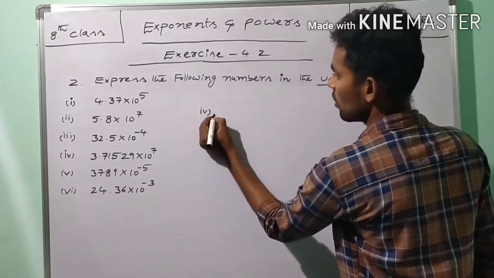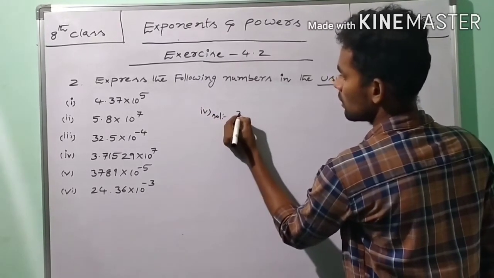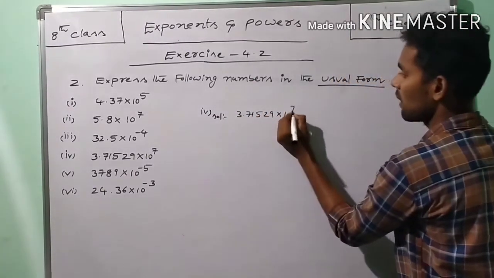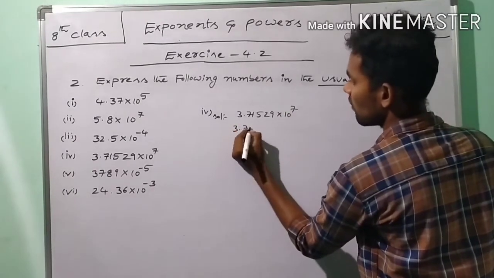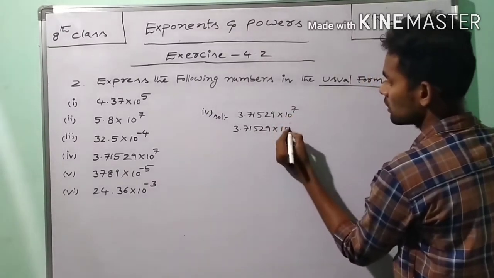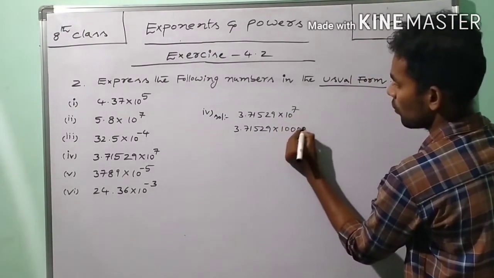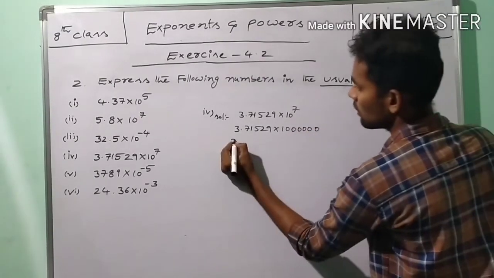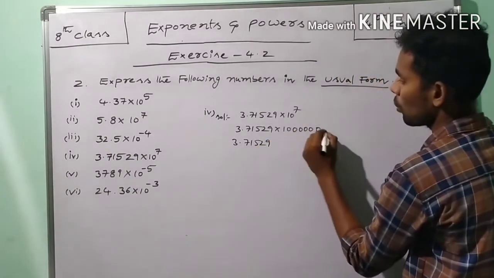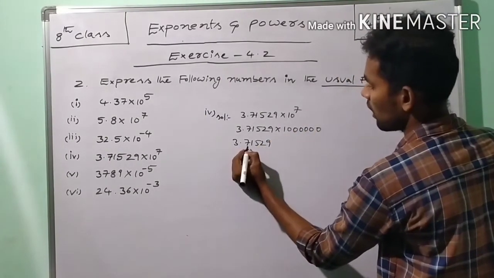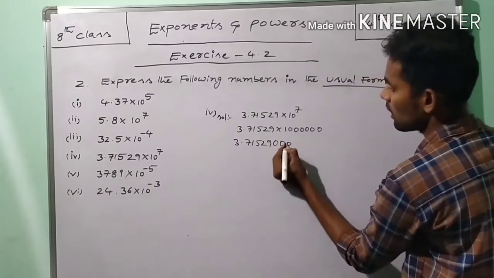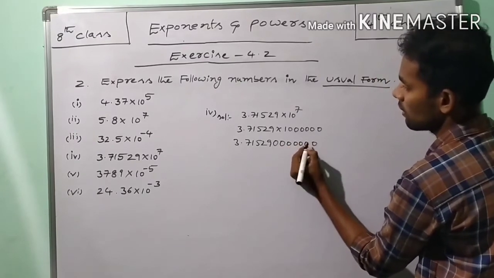Fourth question solution. 3.71529 into how many zeros? 7 zeros: 1, 2, 3, 4, 5, 6, 7. 3.71529 into 1 crore equals 3.71529 with 7 zeros added.